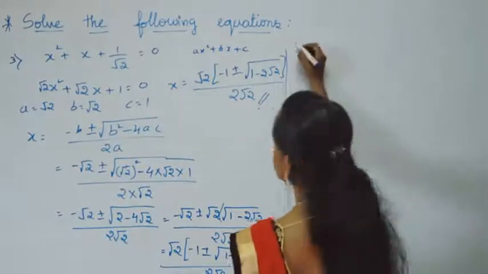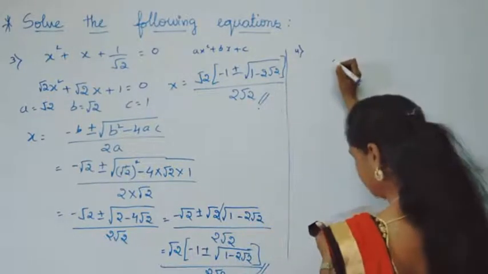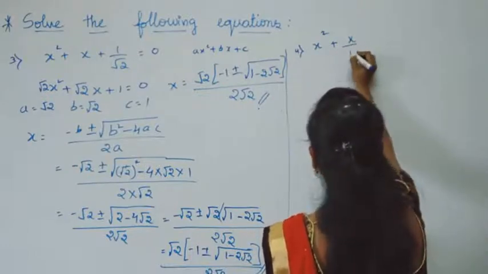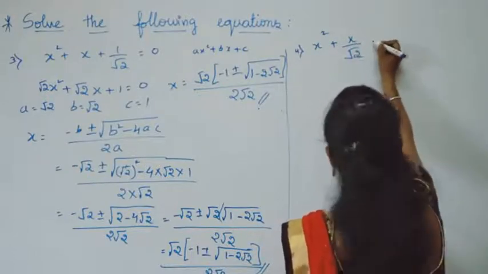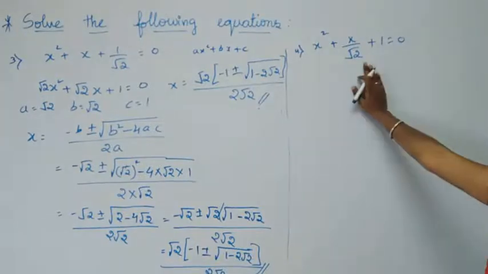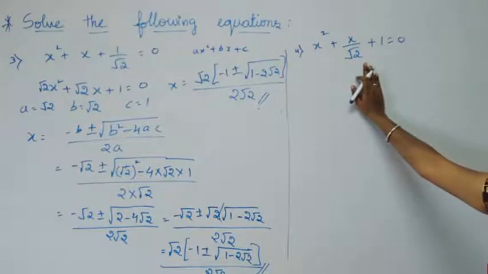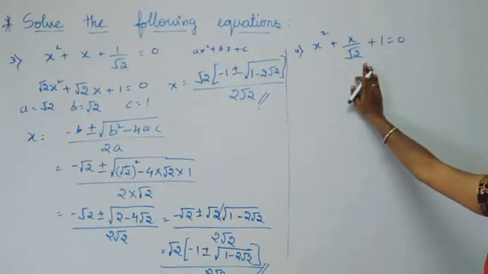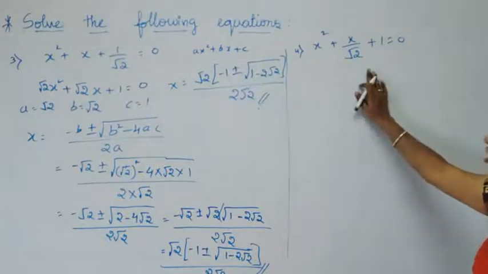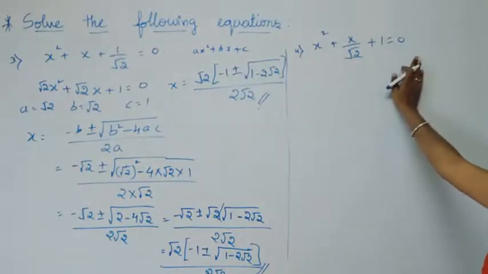Solve the quadratic equation x square plus x by root 2 plus 1 equal to 0. Again, this is also not of the form ax square plus bx plus c, so first convert this to standard form. Here also multiply the whole equation by root 2.